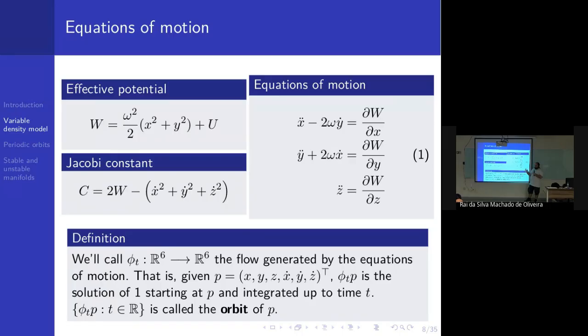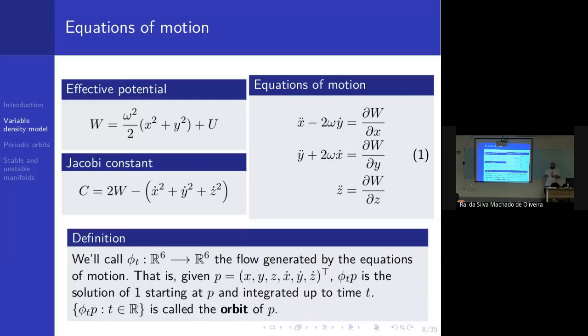It's just the mapping that, for every initial condition given by position and velocity, the flow at some time t is the solution of this differential equation starting at this initial condition and integrated up to time t. And just to refresh the concept, we call the orbit of P the trajectory followed by P under the differential equation.